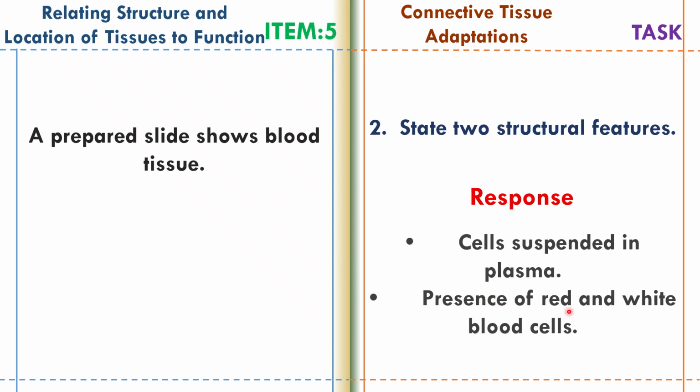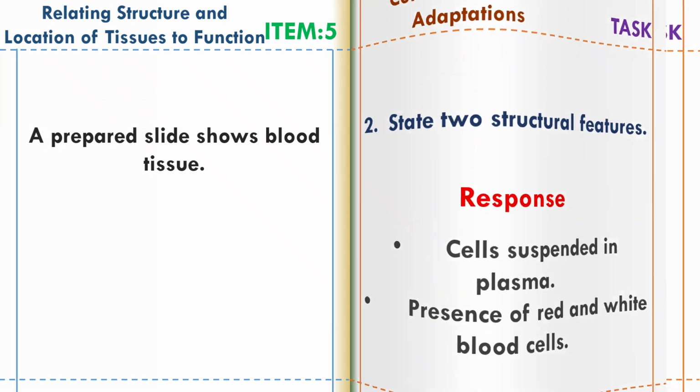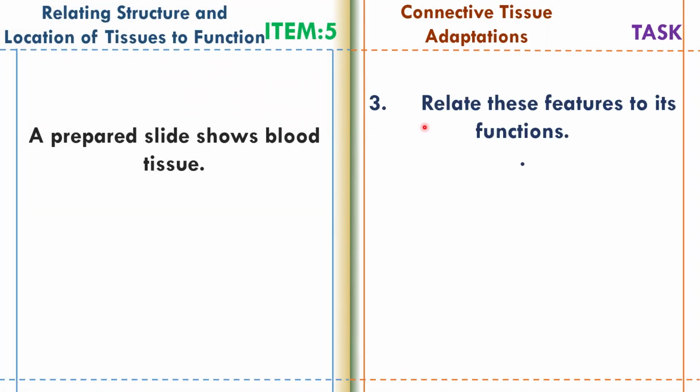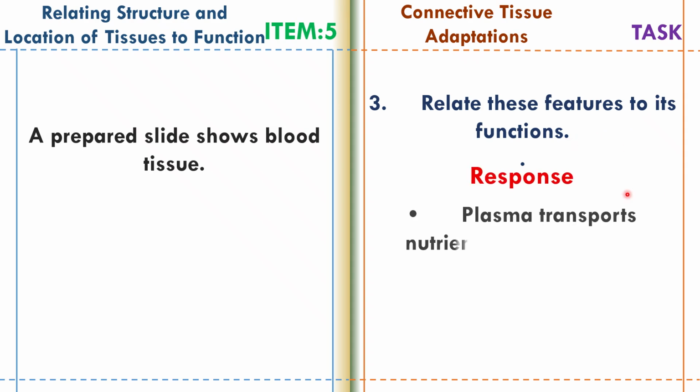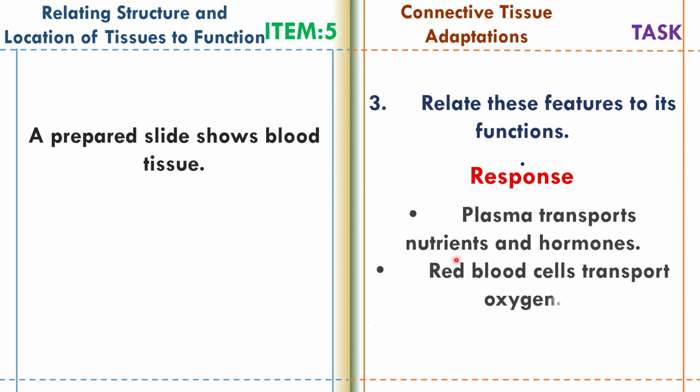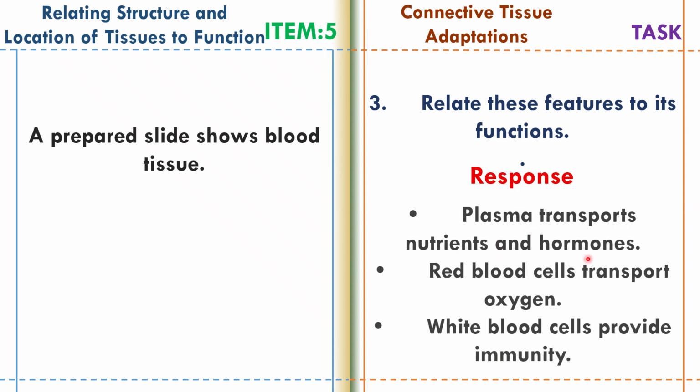Presence of red and white blood cells. Relate these features to its function. Plasma transports nutrients and hormones. Red blood cells transport oxygen. White blood cells provide immunity.